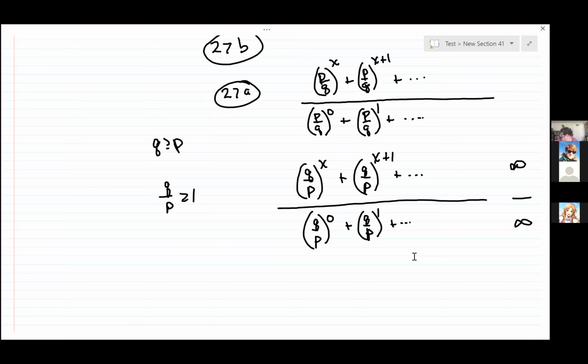Maybe the easiest thing to try to do is to show that 1 minus this quantity is going to 0. So why don't we see if we can do that?